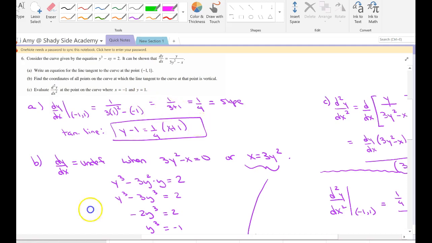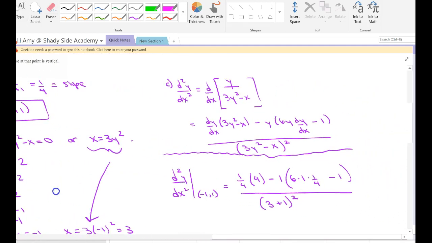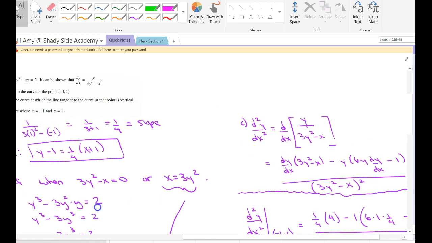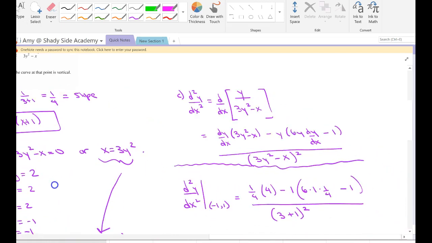But interestingly, look over here. When you find the second derivative, you see the second derivative is in terms of dy dx here. Now, I could go ahead and put dy dx into those expressions by picking this up and pasting it in here. I could do that, but I don't need to, because at the end of the day, I just want to know what the second derivative is at this point, -1, 1, which means I'd be plugging in -1, 1 into dy dx.